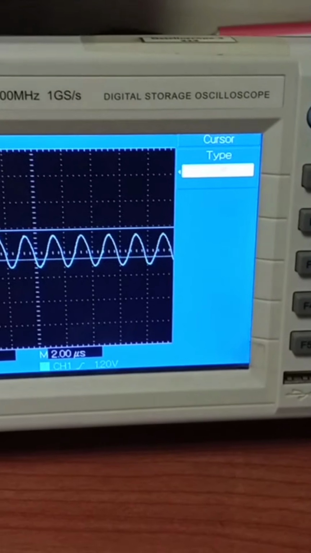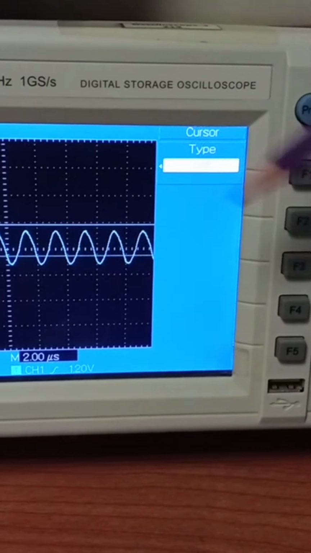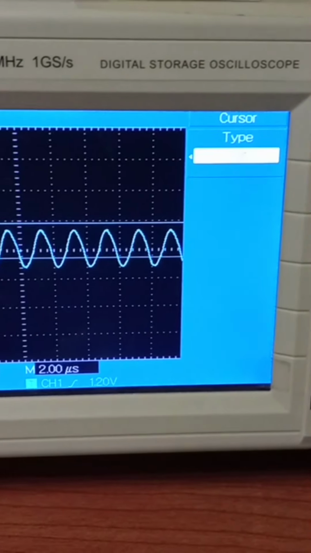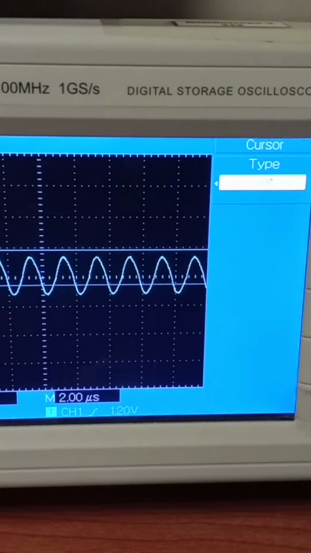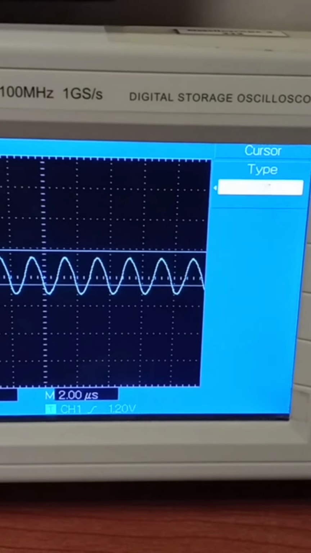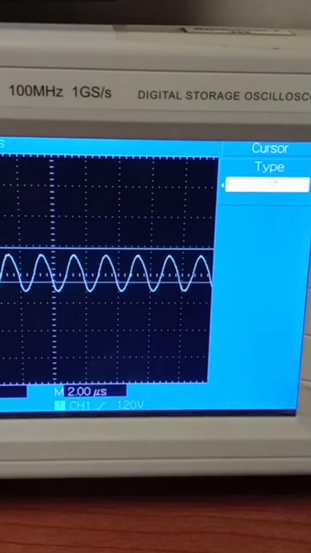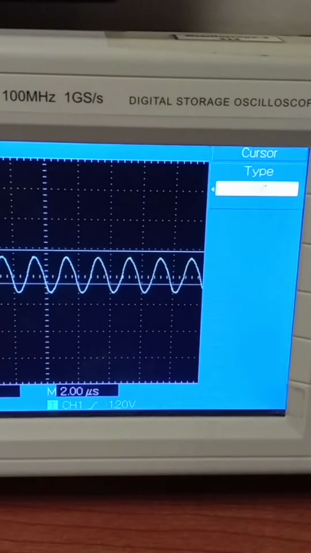So this is the single sideband suppressed carrier modulation output. You can see we have got just one frequency component, either lower sideband or upper sideband, while all other frequency components are suppressed, that is the carrier signal and either the upper or the lower sideband. So that's all about single sideband suppressed carrier modulation.